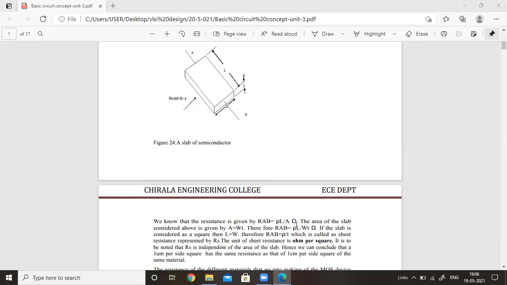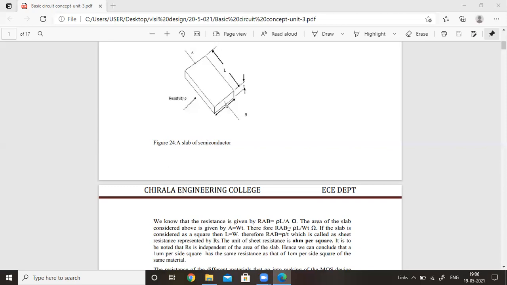Now, as we have already seen, there is a condition, that is the length to width ratio. This R suffix AB will consist of the length to width ratio. R suffix AB is equal to rho into L by W into T. So rho L by W into 1 by T, in terms of ohms.